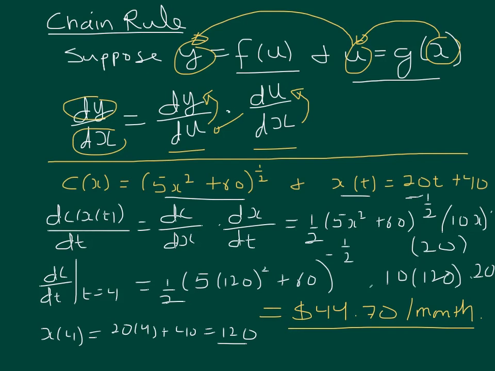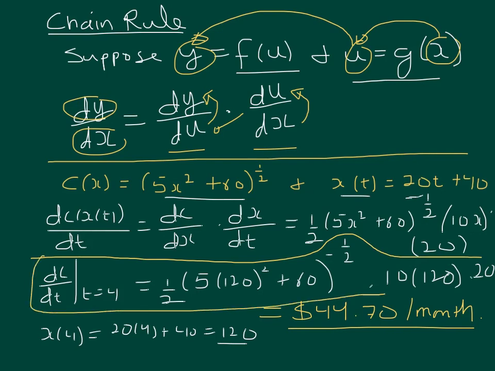The critical step here was this step where we replaced all our x values with the corresponding numerical value when time was 4 months. So once we have this step right, in which we realize that we are differentiating a function using the chain rule, which says that you differentiate your c with respect to x, that's what we did here in the top part, times the derivative of x with respect to t, which based on this being x is simply 20.